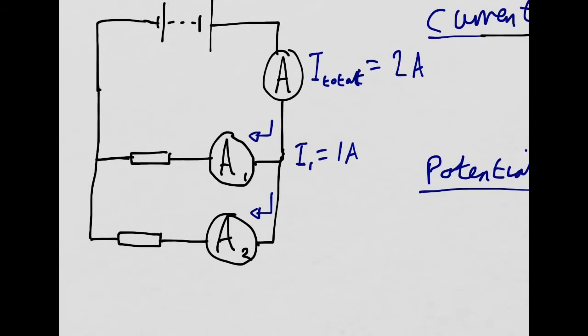Now the current has to be conserved, so exactly the same amount of current has to pass through the second ammeter. So I'm going to get 1 amp through here as well, and notice that it's conserved. Ammeter 1 and ammeter 2 both add up to the total current through the first ammeter. So the 2 amps is going to split evenly down each branch.